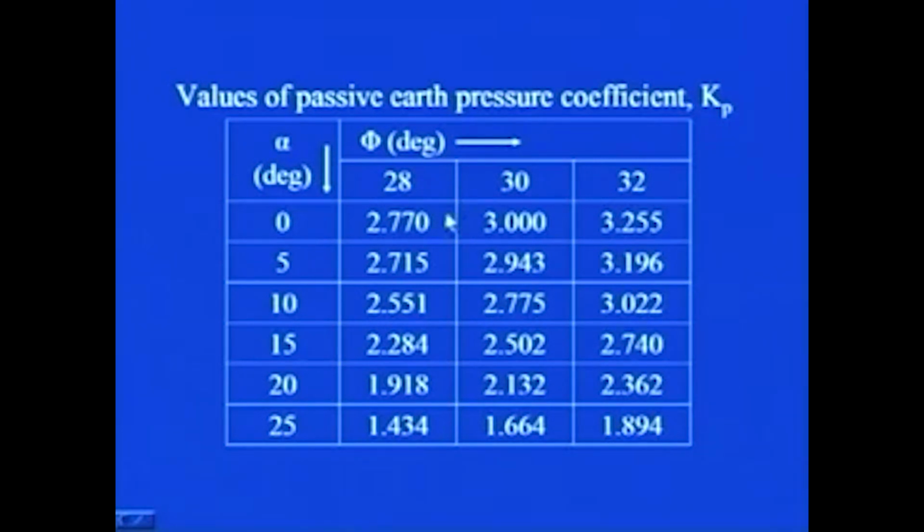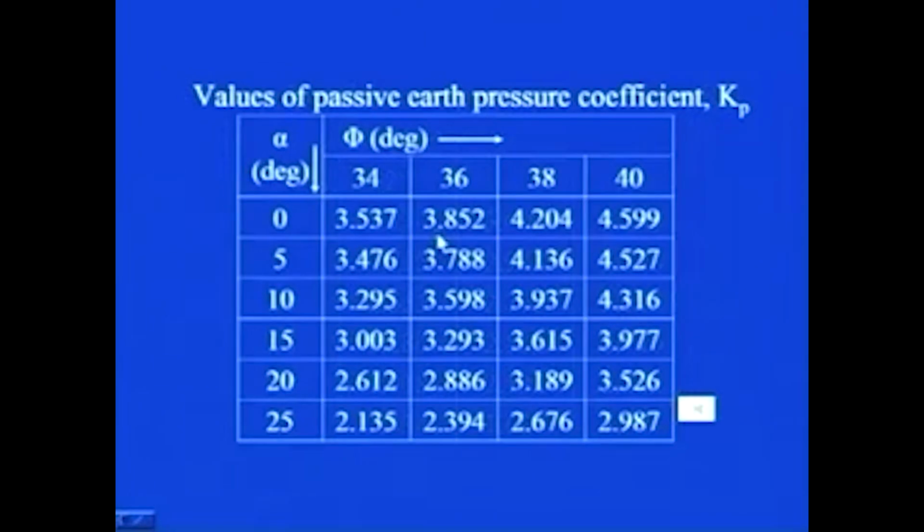So, how will you pick? In that case you pick the values corresponding to your actual condition, assume a linear variation between the two extreme values and interpolate, or you can simply use the formula which I have already discussed with you.